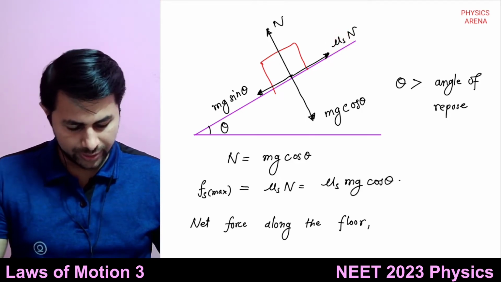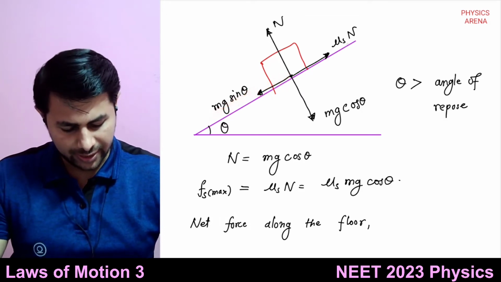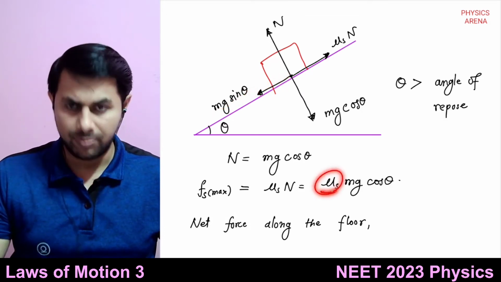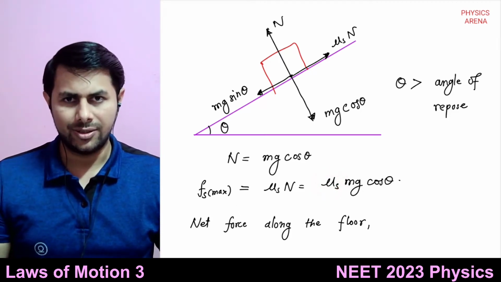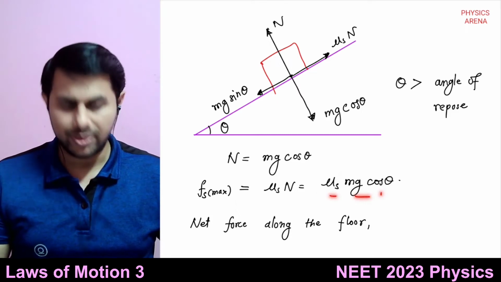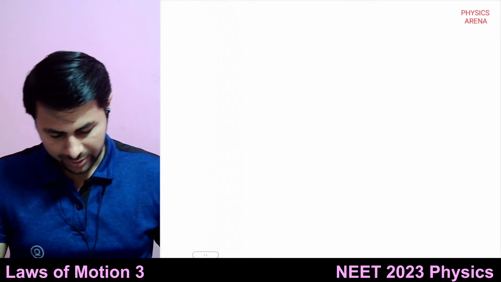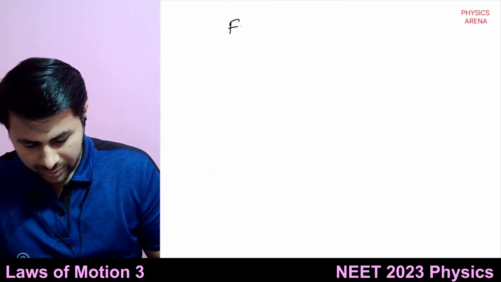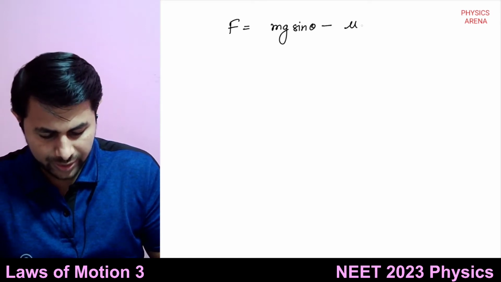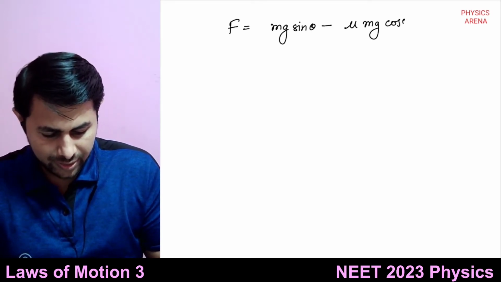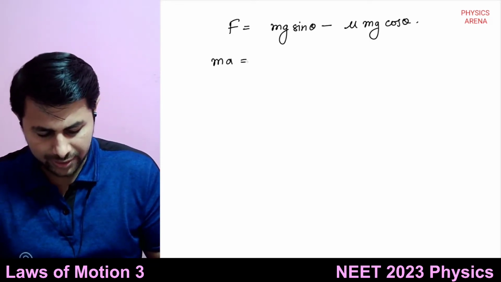So net force along the floor, what will be that? mg sine theta minus mu times mg cos theta, because when it slides, it will be kinetic friction. This force minus this force. And this force is equal to mass times acceleration.